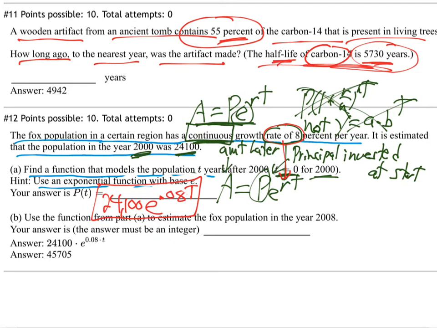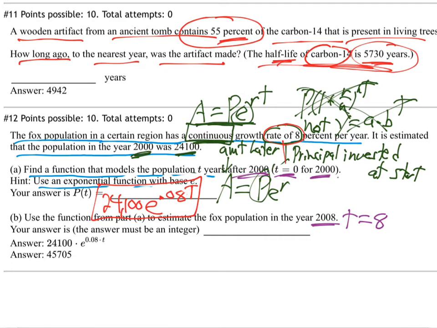Now, on part B, they want me to actually use it. Part B, they say, okay, the year 2008. You can see right here, time is 0 in the year 2000. So in 2008, that's 8 years after 2000. Remember, on these kinds of science problems, they always have a starting time.